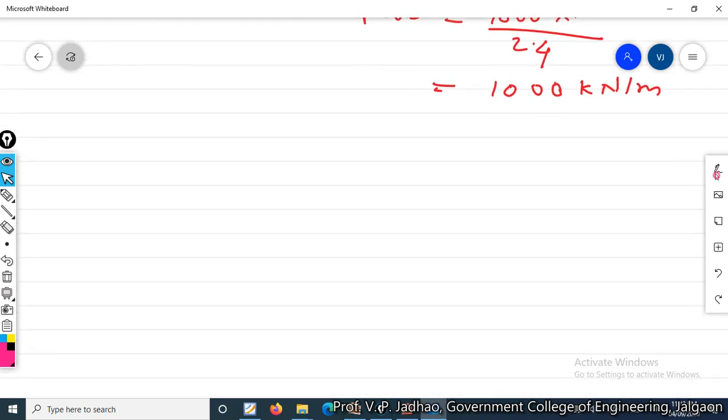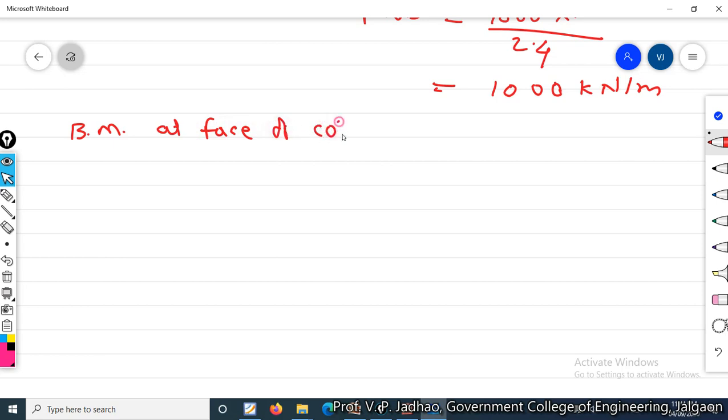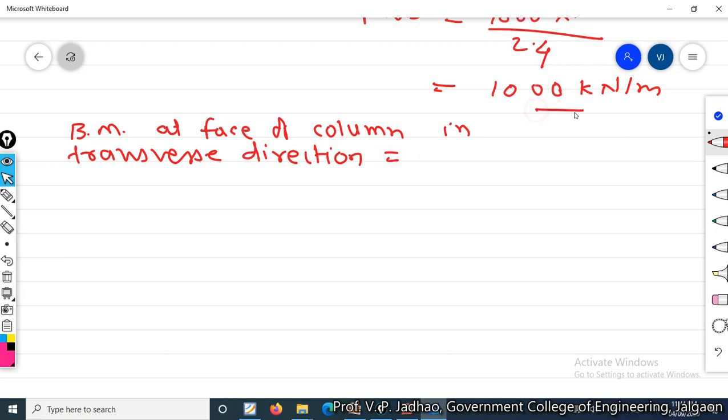Now bending moment at the face of column in the transverse direction. This will be equal to this load, 1000 kilonewton per meter, multiplied by the distance of the edge of your footing from the face of column.